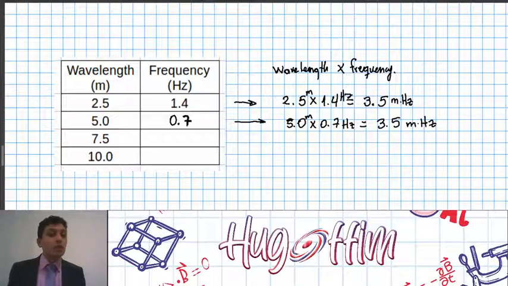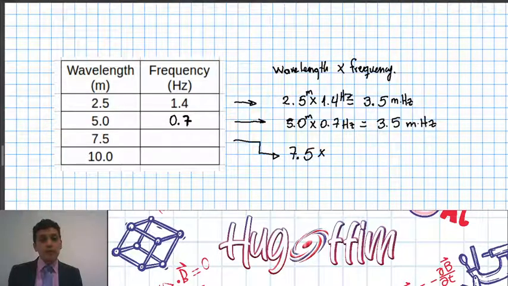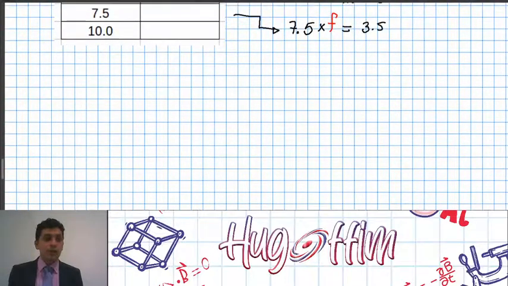If you need to know what happened for 7.5, you just need to find a number times 7.5 that gets you 3.5. Okay, I'm not writing the units, but you will understand that we're using the units.